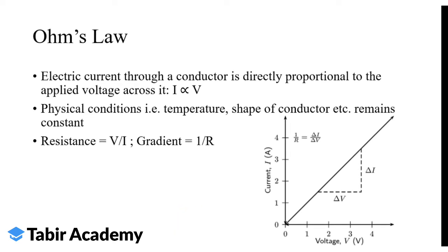Okay, the gradient or slope of this graph is 1 over R, where R is the resistance. So it's basically the constant of proportionality, and resistance is equal to voltage over current.